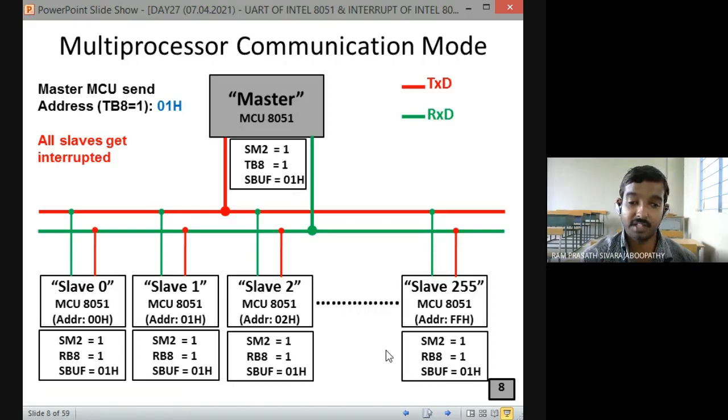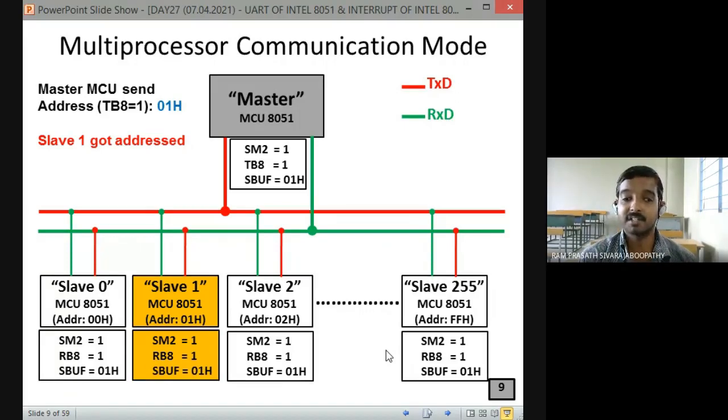The same address 01 goes to all slaves. Which slave is going to be addressed? Yes, slave 1. So now slave 1 has got its address. Correct? Although there are many slaves, only the slave whose address matches gets selected.